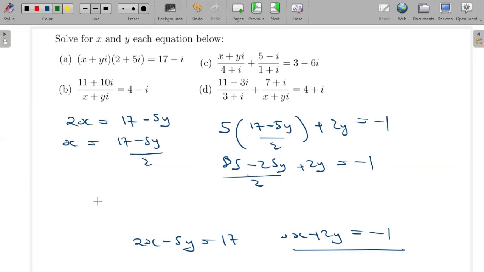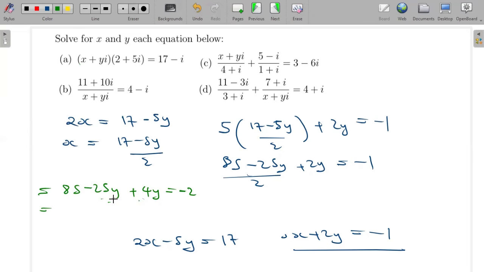If I multiply by 2 throughout, I'm going to have 85 minus 25y, and then plus 4y is equal to negative 2. Okay, so these here I can add them, and I can take this 85 to the other side.